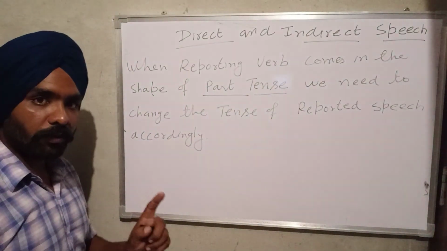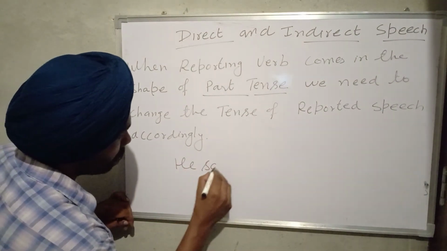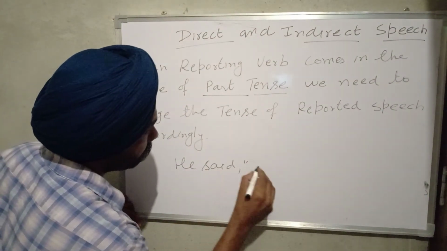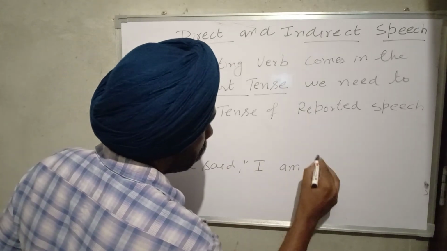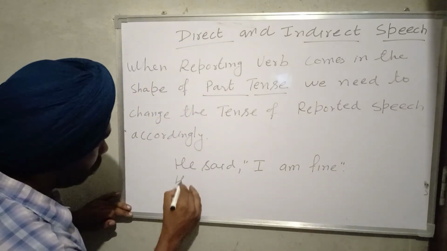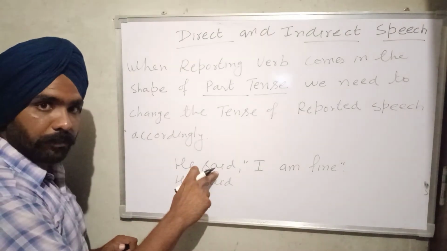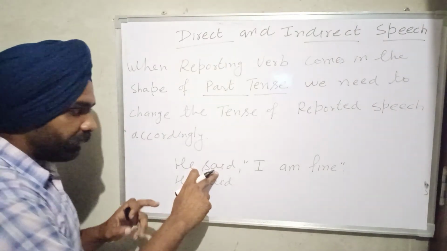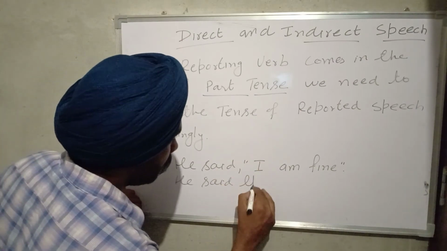Now I am going to give you one example. For example, he said, "I am fine." We take the same example. Because "said" is past indefinite, it is a past tense. Now we need to change the tense.